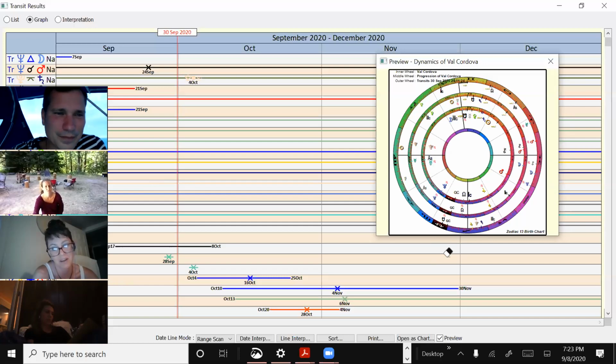You're just unwinding personal information. By knowing that Neptune's involved, you're just digging around in the chart for wherever Neptune has influence. It has influence on Pisces. It has influence on the 12th house. So you're kind of just winding around the personal chart looking for anything that has a relationship to that. Right, exactly.